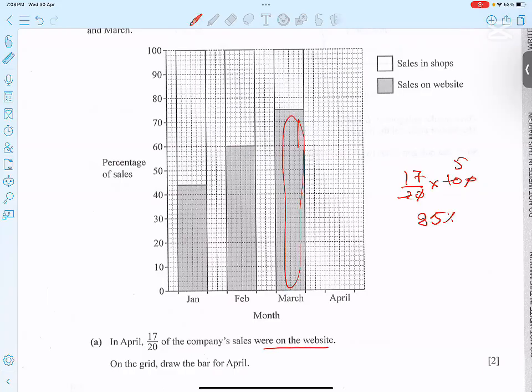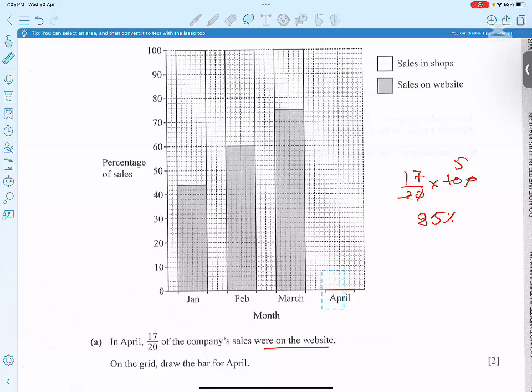So the dark gray part is 85%. Where is 85%? In the middle of that. So this is 85%. I think the box is okay. No, no, we have to make it slightly there. You see this?